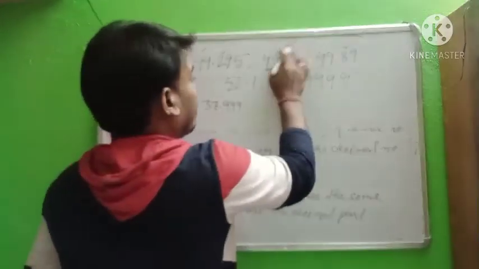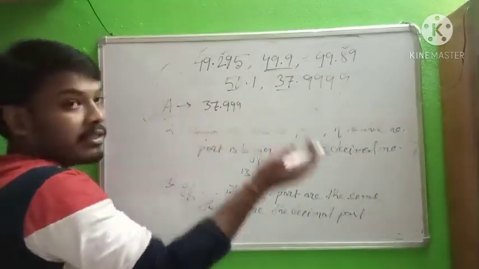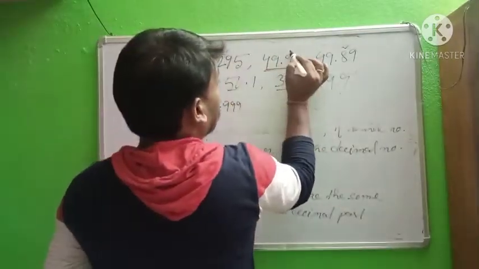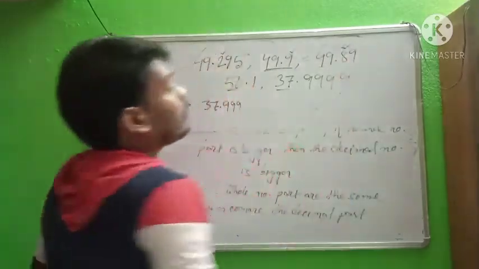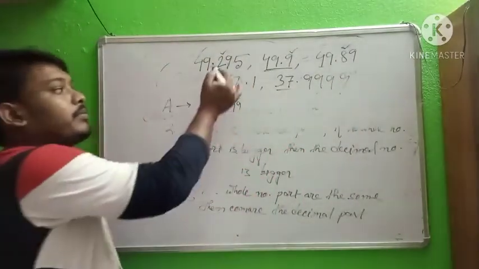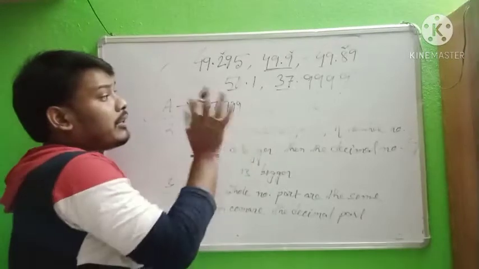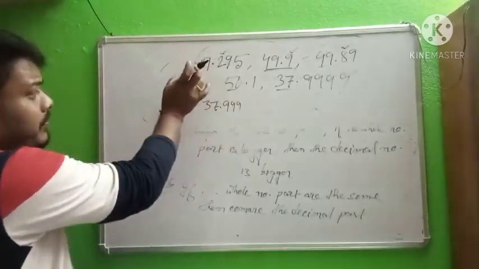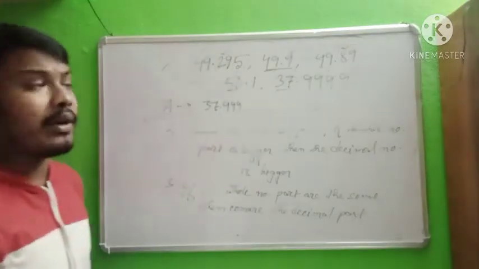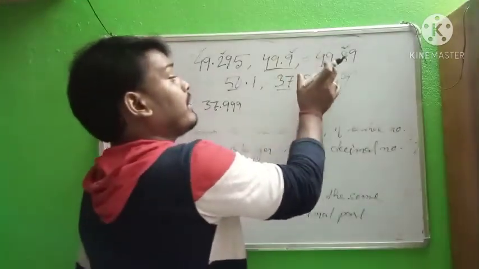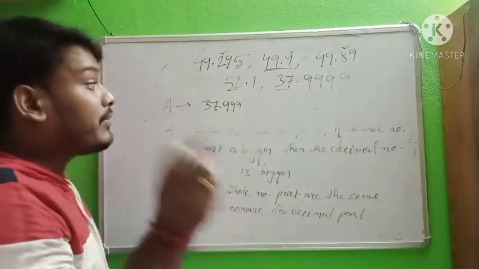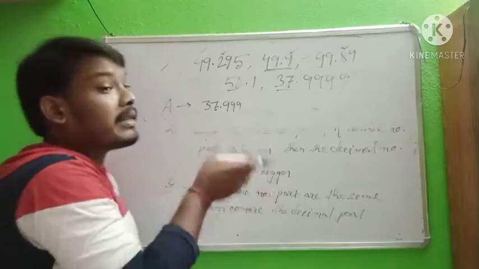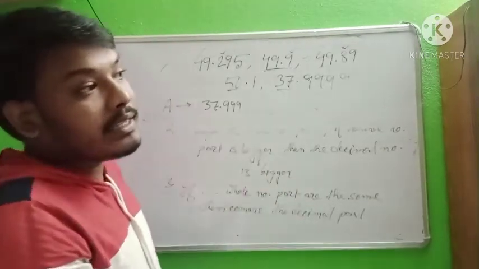We write ascending, that means smaller to bigger. 2, 9, 8. Which one is smaller? 2 is smaller. So in the second process, if the whole number part is equal, then we check the decimal part digit wise. If the digit is bigger, then the decimal number is bigger. If the digit is smaller, then the decimal number is smaller.